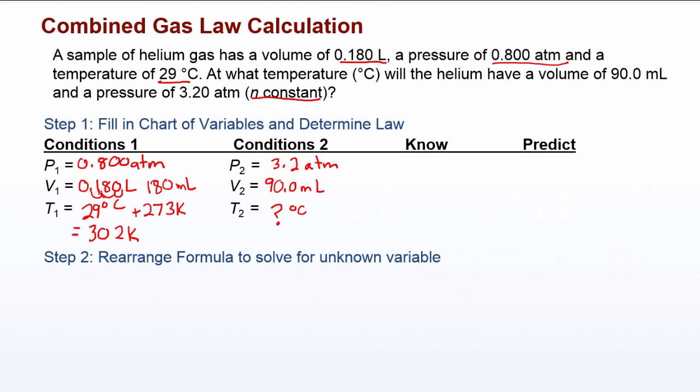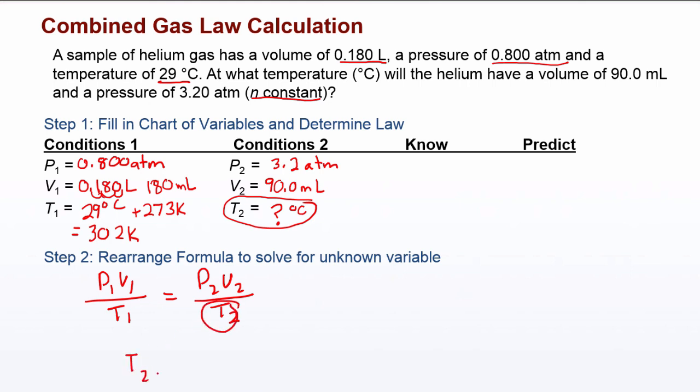So we need to rearrange the formula to solve for our unknown variable. So our formula is P1V1 over T1 equals P2V2 over T2. So what variable are we looking for? We're looking for T2. So what I can do is, same as before, even though we have more variables in this, we can use cross multiplication.